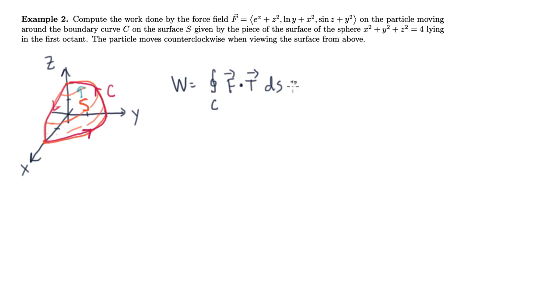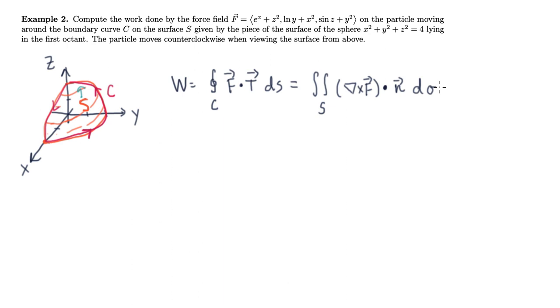So Stokes' theorem says that this is the surface integral over the surface that this curve is bounding, this little piece of the sphere, of the curl of the vector field, like that. All right, and then adding up over surface elements of d sigma.